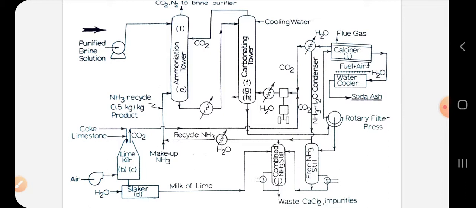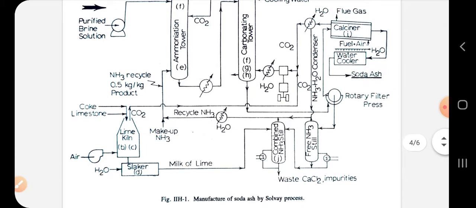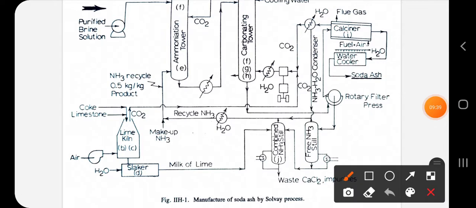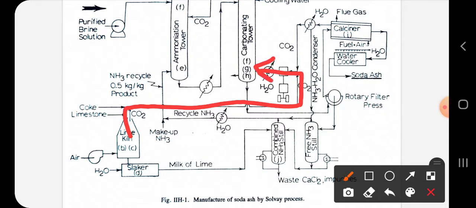And here next we can see lime is also being fed directly to the carbonating tower from here. Lime is being fed, and it goes here, and it is entering the carbonating tower.